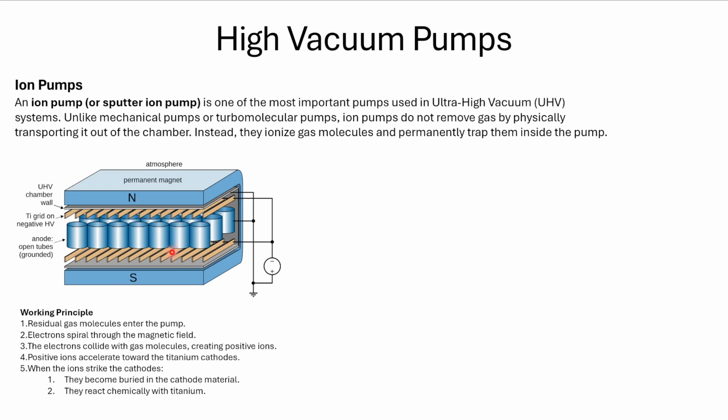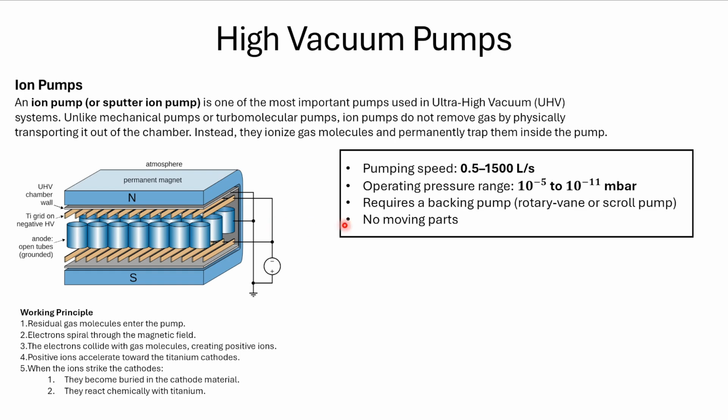So we have a cathode material and titanium, and titanium can react with the ions also, and you can chemically absorb the gas molecules inside the pump. So molecules were not exhausted from the chamber.